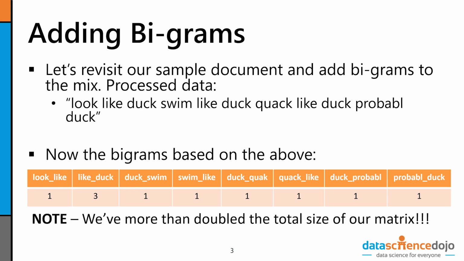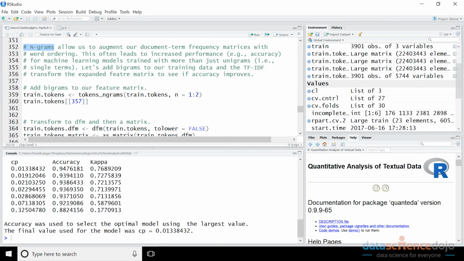Let's go ahead and go back to R and see how we can now enrich our current feature matrix with bigrams. Okay, so we're back in R, and let's see how we can add bigrams to our document term frequency matrix. If you recall, way early on in our code, we had this object of train tokens, right?